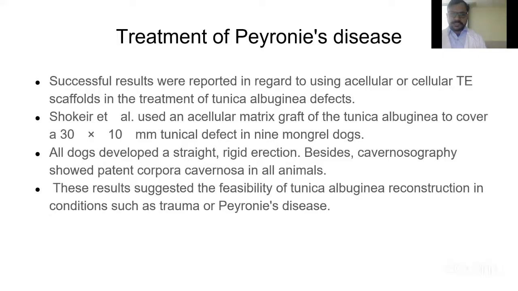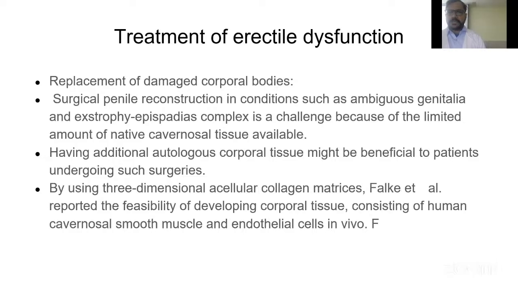These results suggest the feasibility of tunica albuginea reconstruction in conditions such as trauma or Peyronie disease, treatment of erectile dysfunction, and use as replacement of a damaged corporal body. Surgical penile reconstruction in conditions such as ambiguous genitalia and exstrophy-epispadias complex is a challenge because of the limited amount of native cavernosal tissue available.